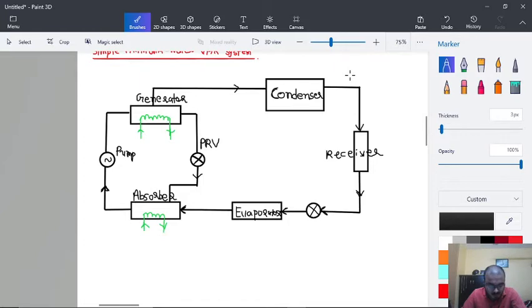And let's have few other things which are there here. This is the cooling water.